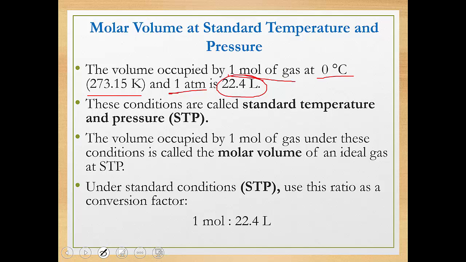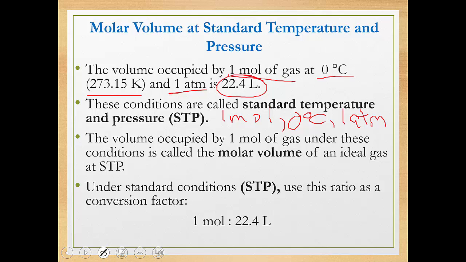And that's just slightly larger than the volume of a basketball. Okay, so if I have those conditions, 1 mole of gas, 0 degrees Celsius, and 1 atmosphere, that is known as STP.